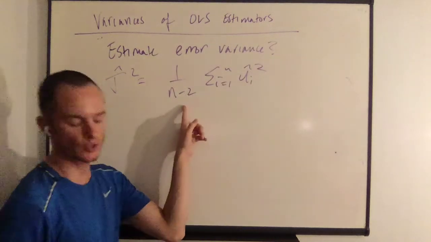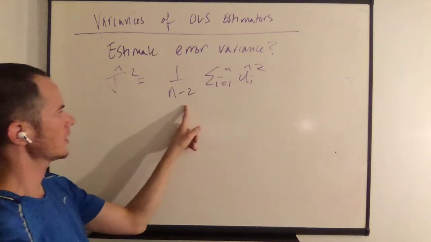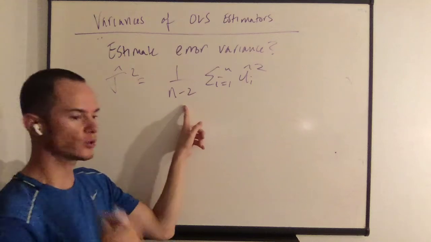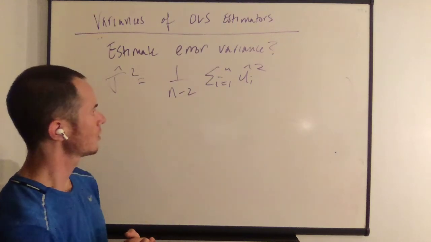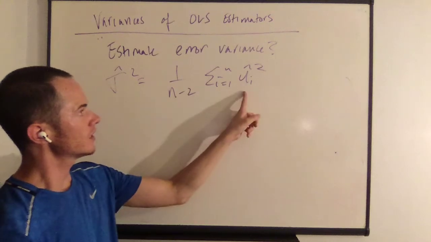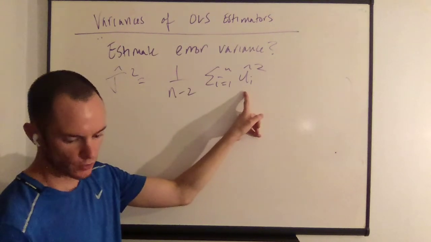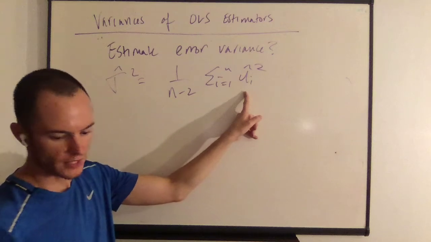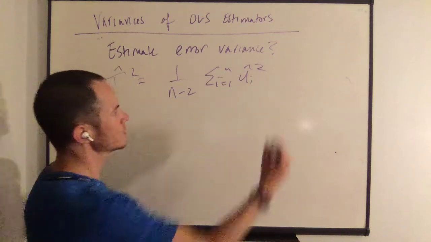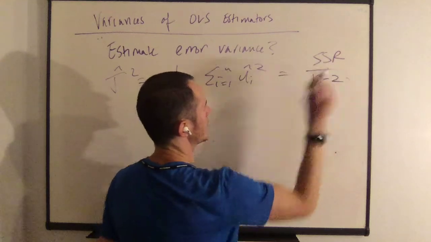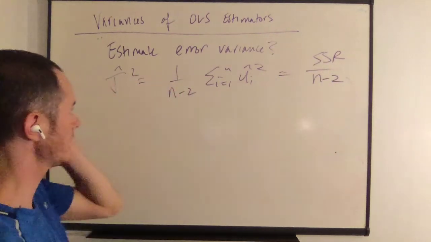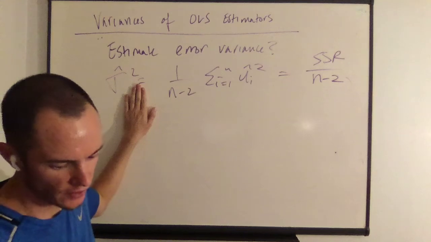We use 1 over n minus 2 because we have 2 degrees of freedom for the 2 coefficients that we have estimated. This is the sum of squared residuals, or the residual sum of squares, so this is equal to SSR over n minus 2.